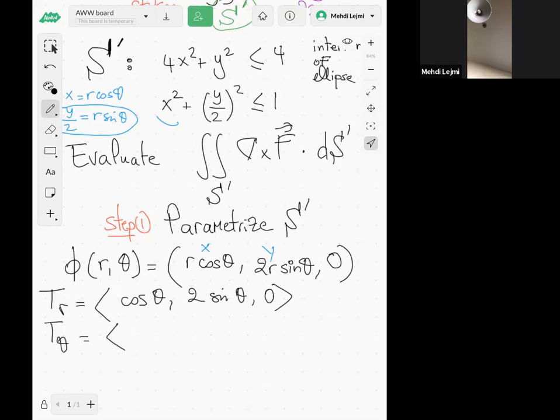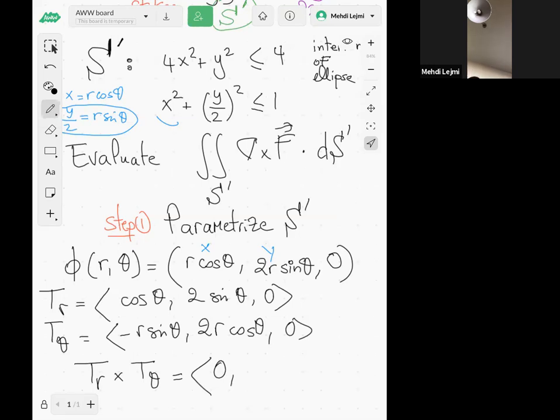The second tangent vector, the derivative with respect to theta, is minus r sine of theta, 2r cosine of theta, and 0. Now my normal vector is T_r cross T_theta, so this is just 0.